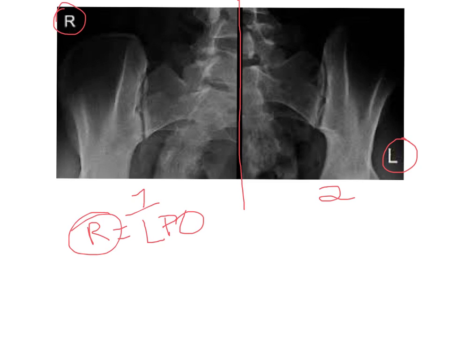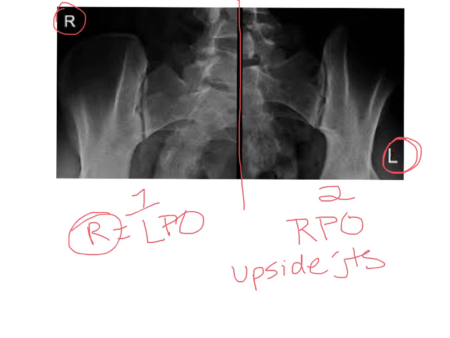Therefore, if we are looking at the left-sided SI joint, then this must be an RPO. Again, you're looking at upside joints. So RPO is for left SI joints, LPO is for right SI joints.